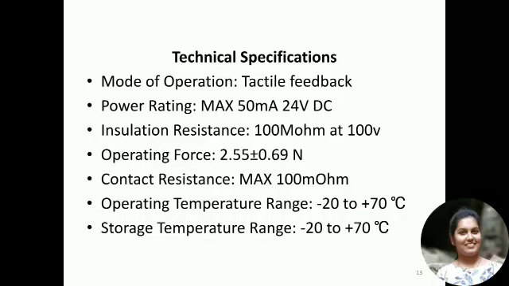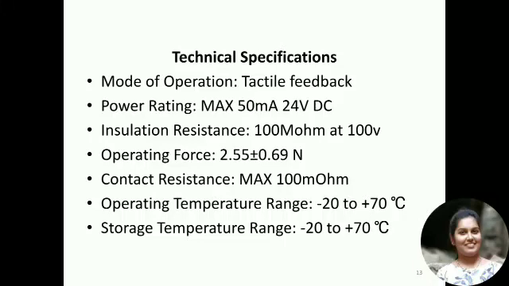Insulation resistance is up to 100 mega ohms at 1000 volts. Operating force is 2.55 plus or minus 0.69 newtons.